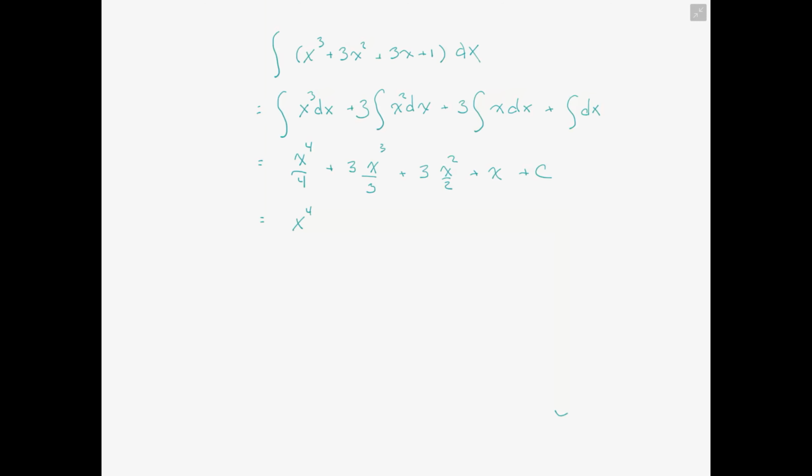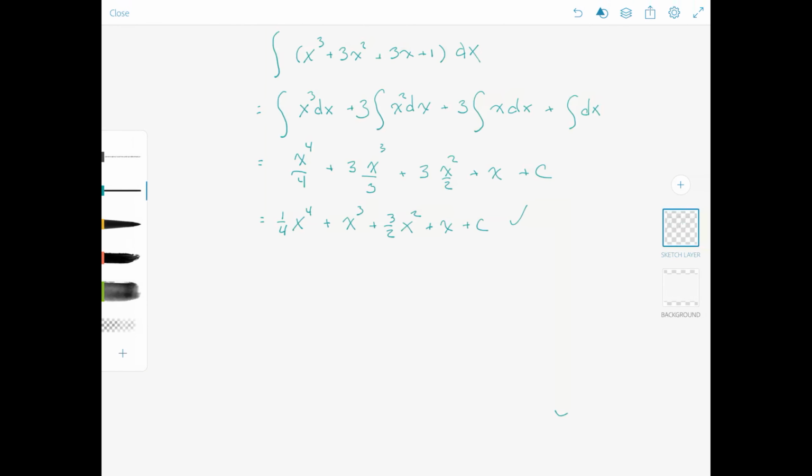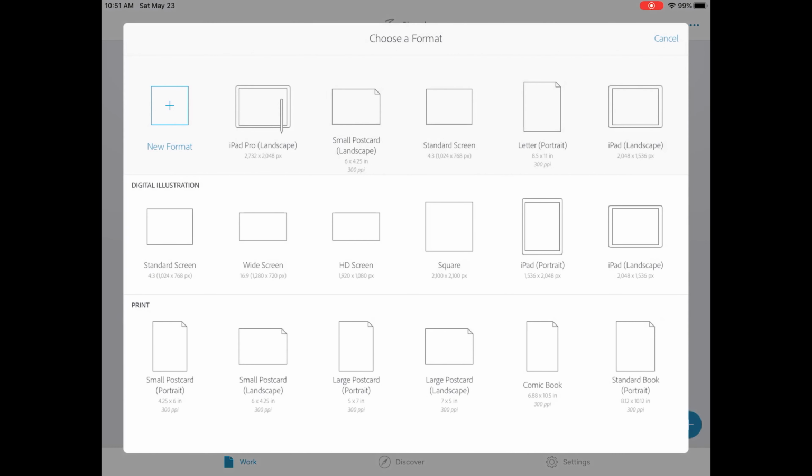Now we can consolidate it: 1/4 x to the fourth plus x to the third plus 3/2 x squared plus x plus c. And that's our answer. And just to check, yep, no problems there.